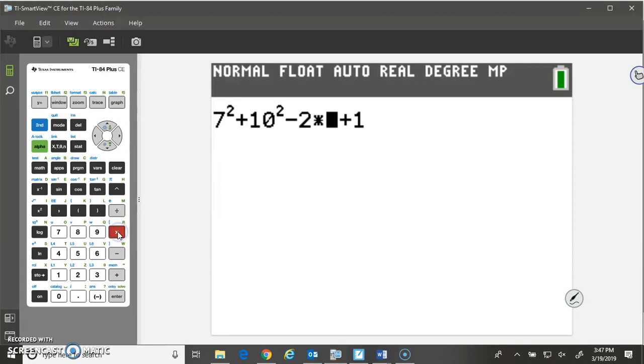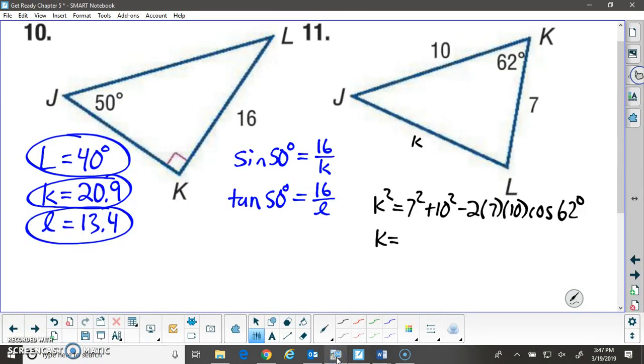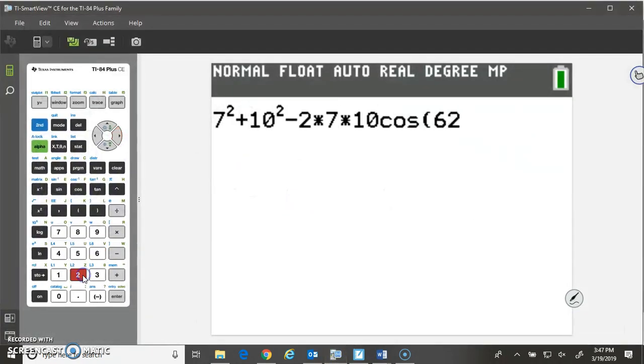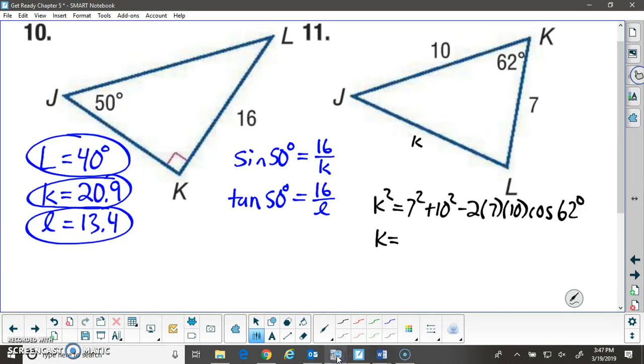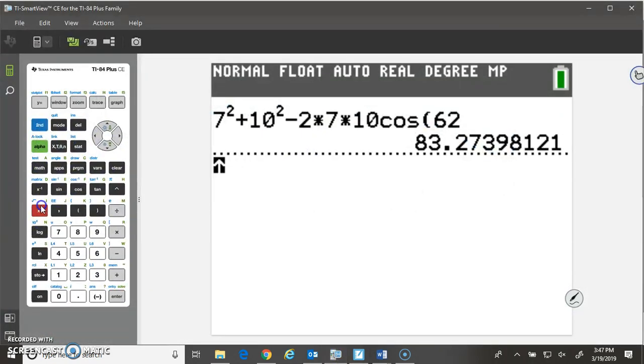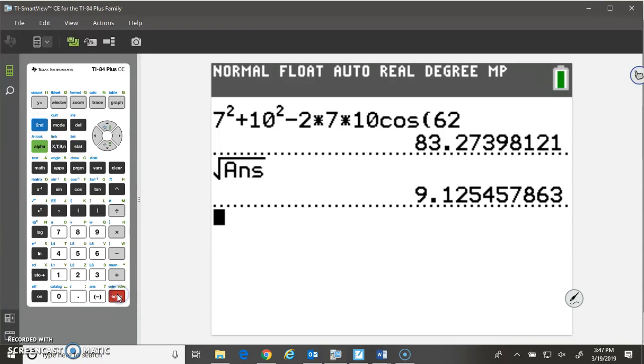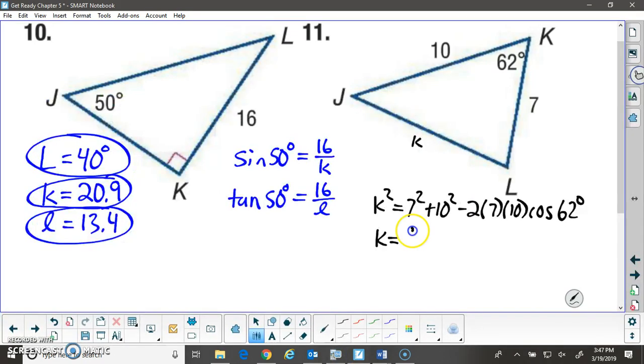Let's put a multiplication symbol in there. That looks a little bit better. 10 times the cosine of, that should be a 10, times the cosine of 62 degrees. This gives us 83.3. But then we have to square root that to get about 9.1.